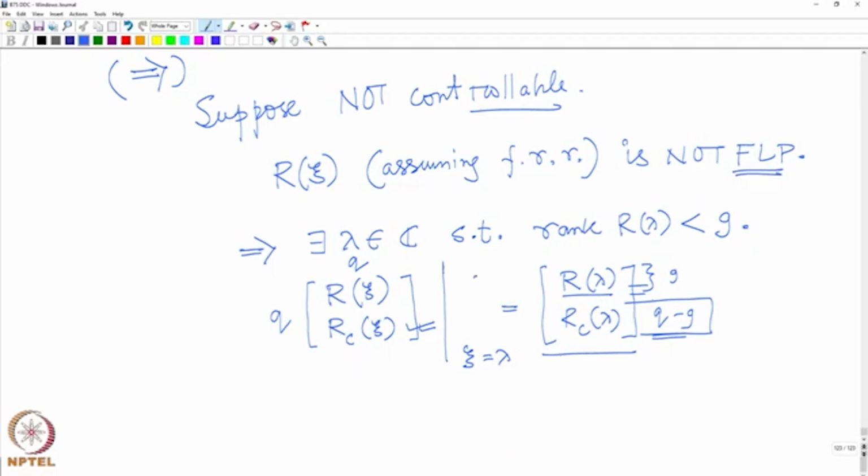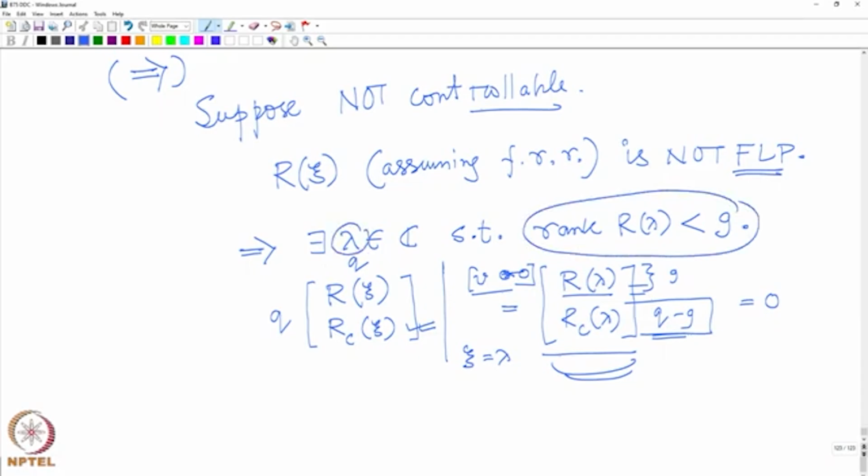I can always find a constant vector here and pad it with zeros, so that the product is equal to 0, which means there is something in the left kernel. So obviously this cannot be full rank. I was able to do this for every λ for which the rank falls for R, and it will immediately show up here no matter what controller I put.